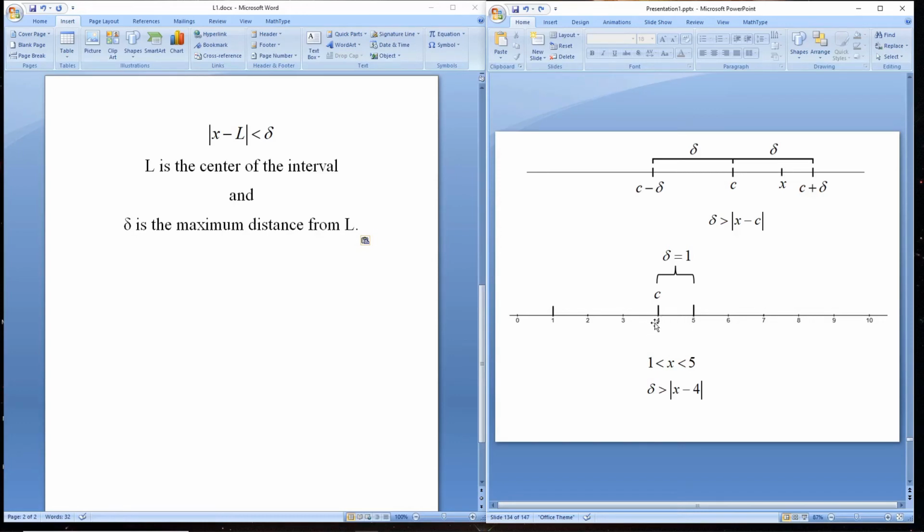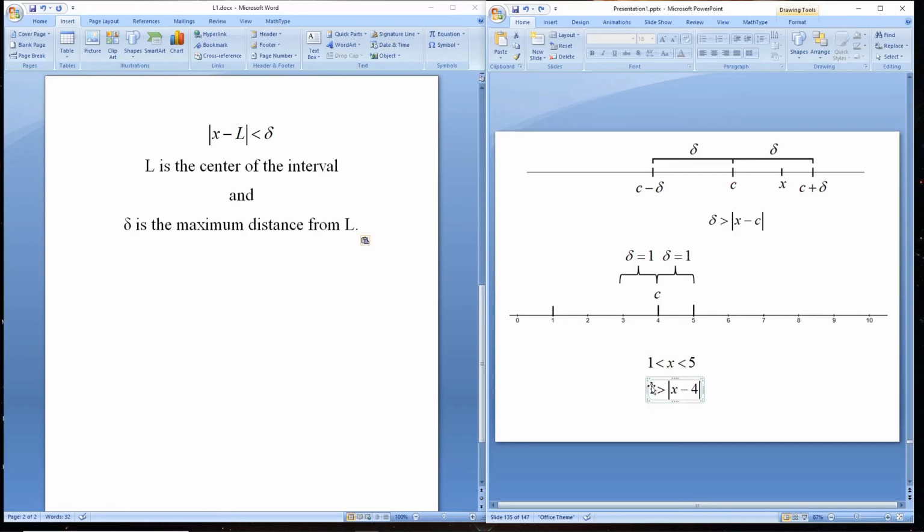Again, if we chose a distance of 3, well, on the right side, that would get us to 7, which is outside the interval. We don't want that. We want to stay within it. And so we choose the shortest distance from C, and that will get us our delta. And so I plug that in at the bottom here, delta equals 1.